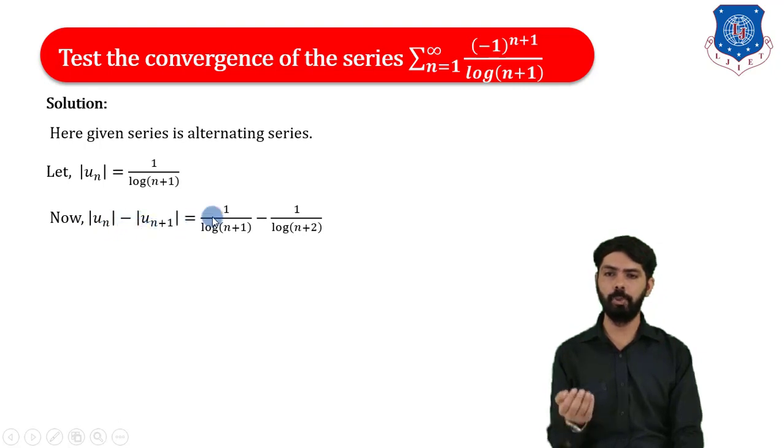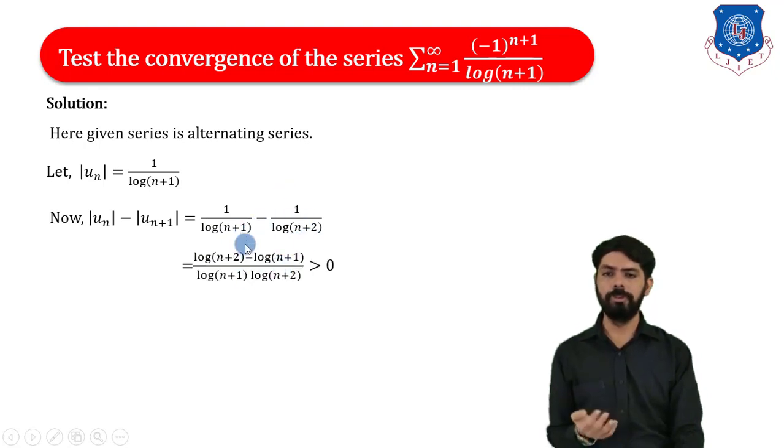So that is equal to 1 divided by (log n + 1) minus 1 divided by (log n + 2). If we simplify this, it will be ((log n + 2) minus (log n + 1)) divided by ((log n + 1) into (log n + 2)), which is greater than 0. Therefore we can say that modulus of u_n is greater than modulus of u_(n+1).